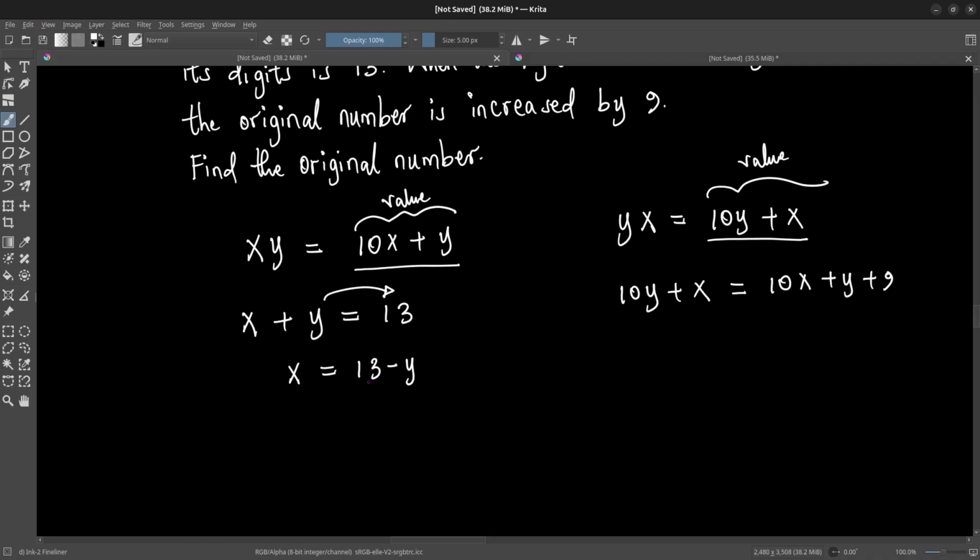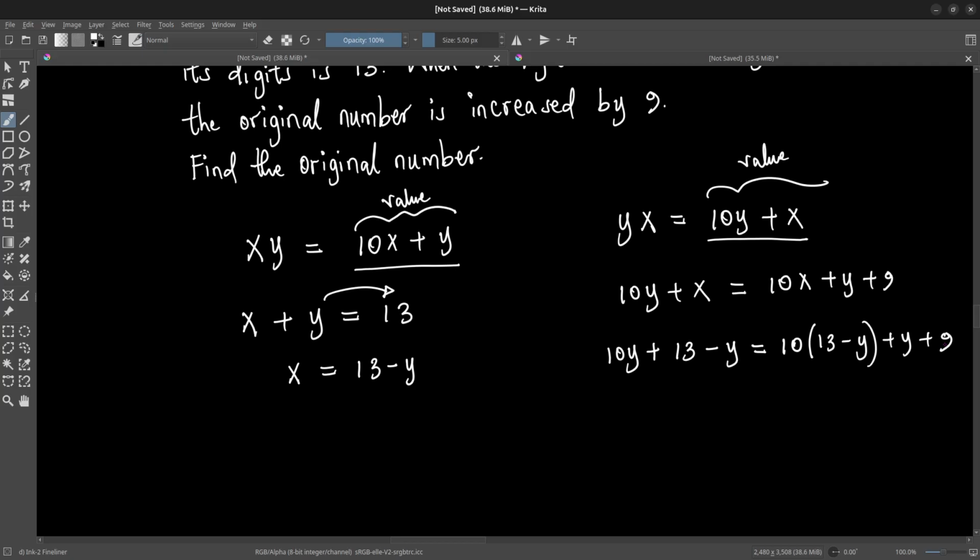Then we are going to take this value of x in terms of y and replace every x in the equation on the right with it. So 10y plus x, where x is 13 minus y, is equal to 10 times x, but x is 13 minus y, and then plus y plus 9.